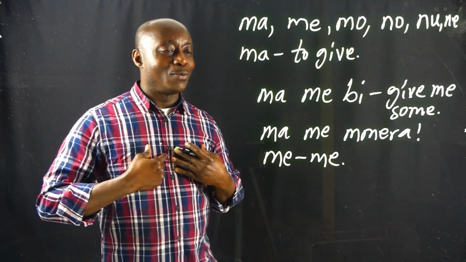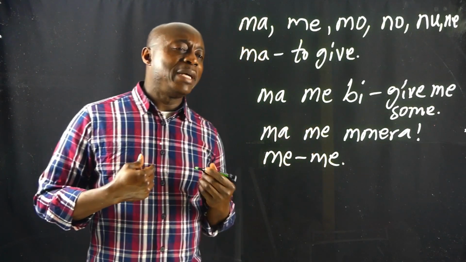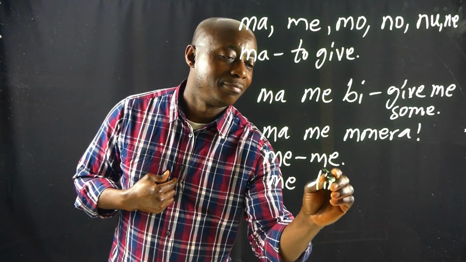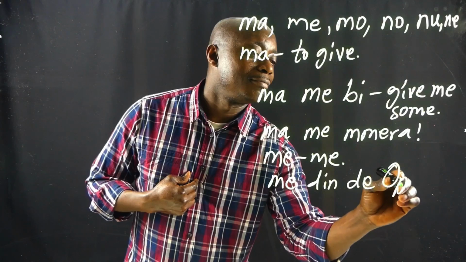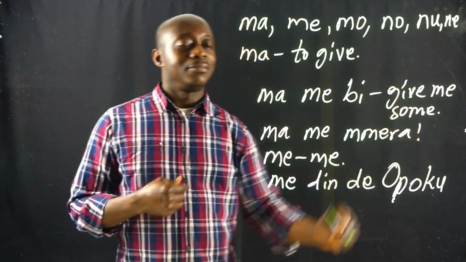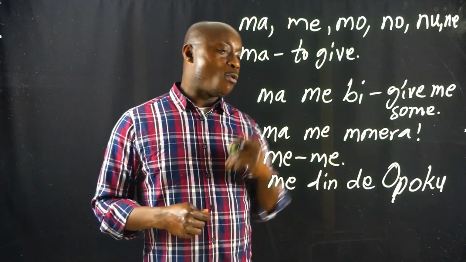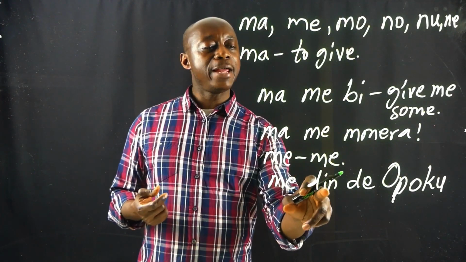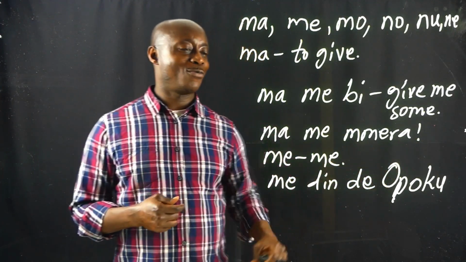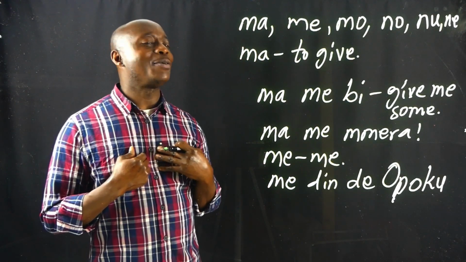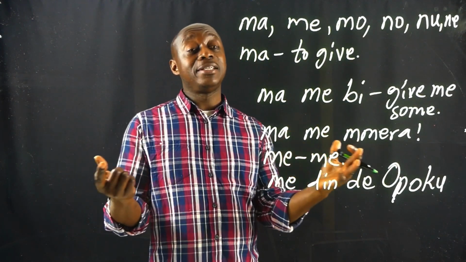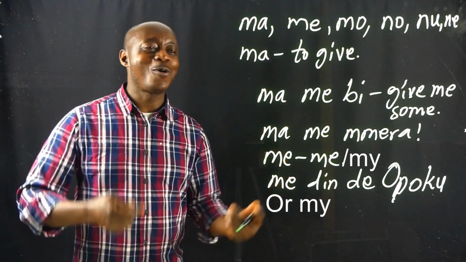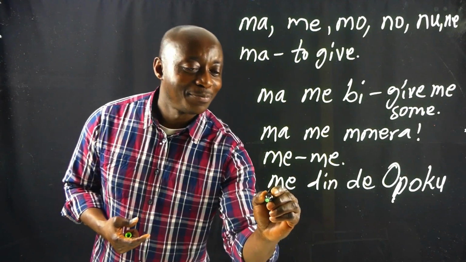We can say me din de Opoku. Me din de Opoku, my name is Opoku. So me means me. This is very simple.